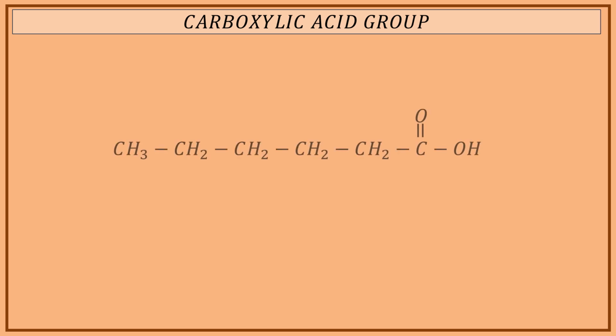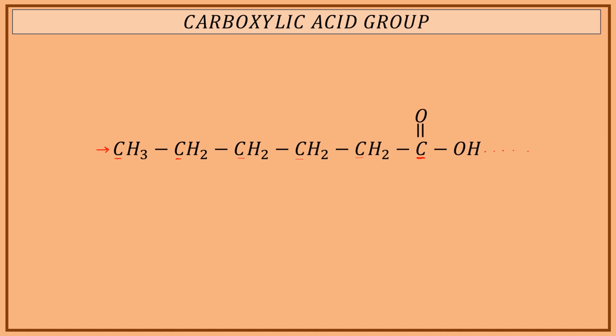Let us begin with this example in which we have 6 carbon atoms, including the carbon atom of the functional group right here. You can notice that there is no carbon chain continuing after this carbon. So we call the carboxylic acid group a chain terminating functional group.